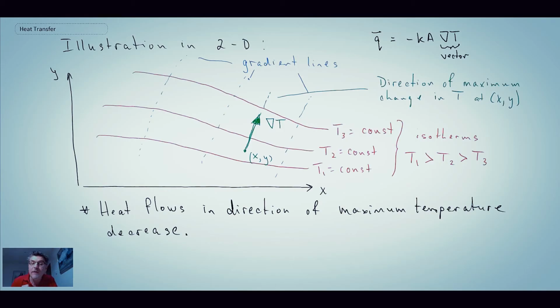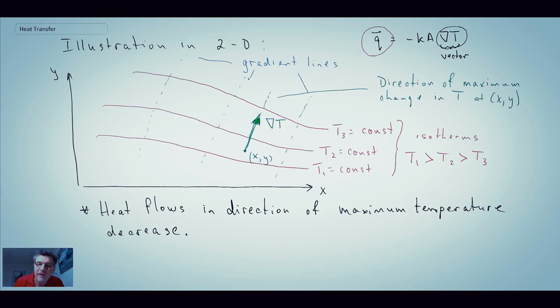So if you want to be able to evaluate the heat flux Q, usually you'll know your thermal conductivity, but we need to be able to evaluate the temperature field in order to get the gradient of the temperature field. That is one of the main goals within heat transfer analysis, depending upon the problem, but usually for conduction, what we're after is to determine the temperature distribution within an object.